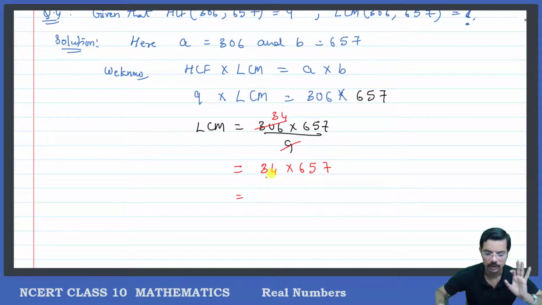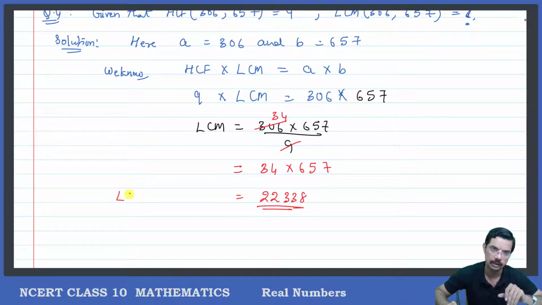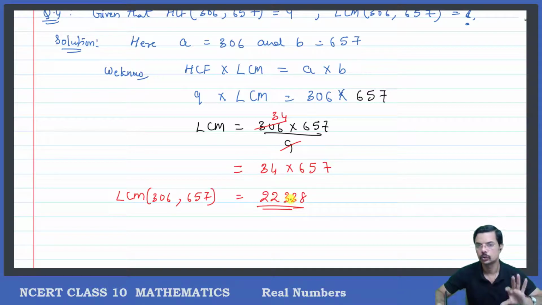What is the answer? I don't need to tell you how to multiply. 2 2 3 3 8. This is your LCM. So the LCM of the two numbers 306 and 657 is equal to 22338.